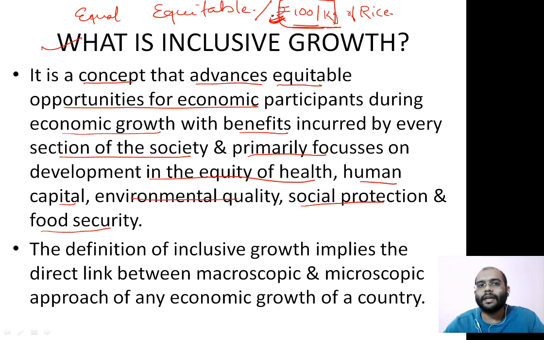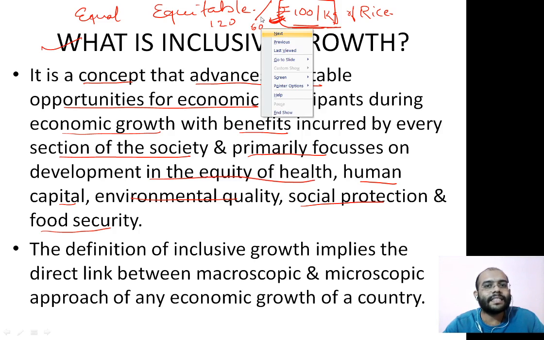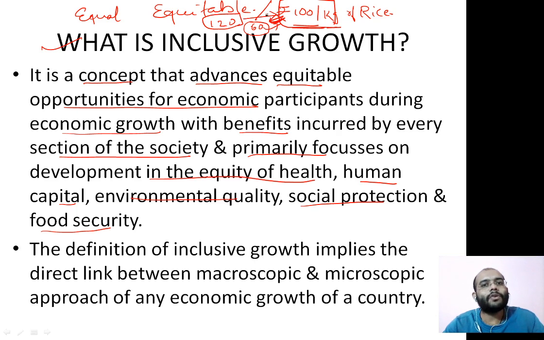But equitable means suppose someone is earning 120 rupees and someone is earning 60 rupees. How can the person earning 60 rupees buy this? So equitable will focus that if you are earning 120, you will be able to pay 100. But for those earning 60 rupees, this 1 kg of rice would be available for rupees 40. This is called equitable distribution.